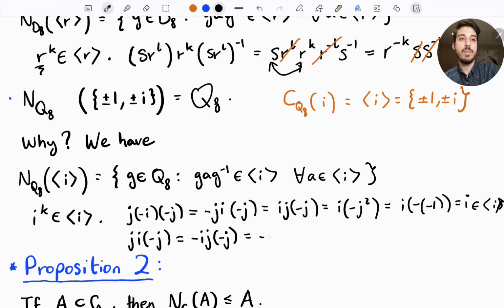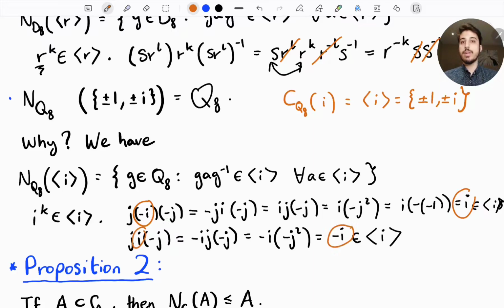This equals minus I times minus J squared, which is equal to minus I. And minus I is in fact an element of the subgroup generated by I. So even though J times minus I times minus J is not equal to minus I, it's equal to I. So if we were talking about centralizers, this would not be in the centralizer because the conjugate of minus I is not equal to minus I. The conjugate of I is not equal to I. They're not equal.